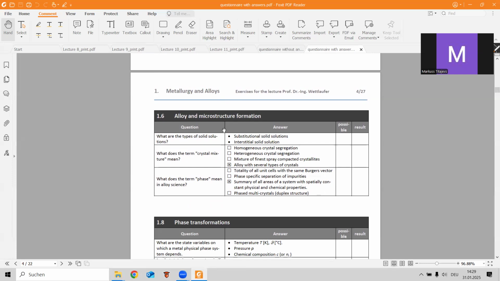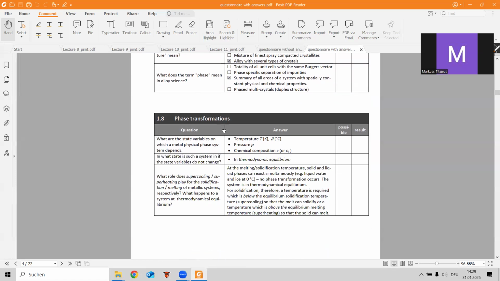Substitutional solution and interstitial solution. Mixed crystal means alloy with several types of crystal. A phase is a summary of all areas of a system with spatially constant physical and chemical properties. State variables are temperature, concentration, composition, pressure.